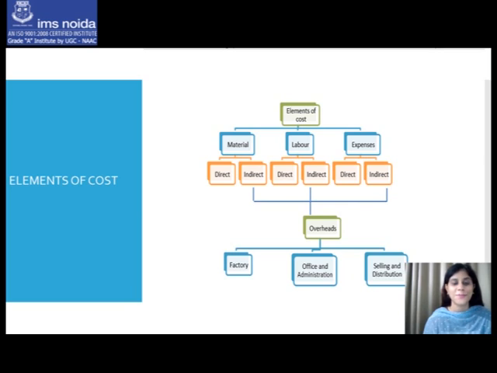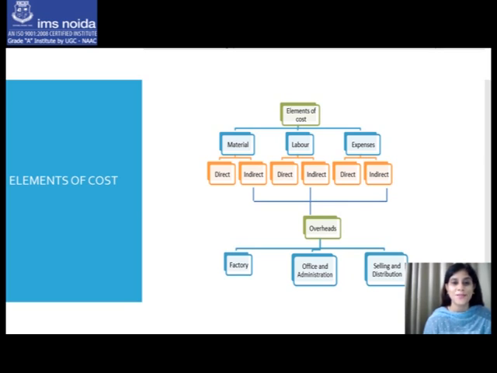The cost of direct material includes the following: all types of raw materials issued from the store; raw materials specifically purchased for a specific job or project; or raw materials transferred from one cost center to another cost center.